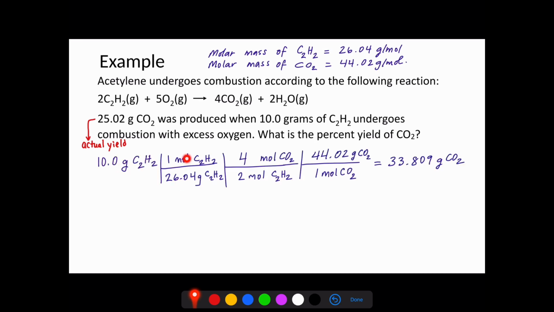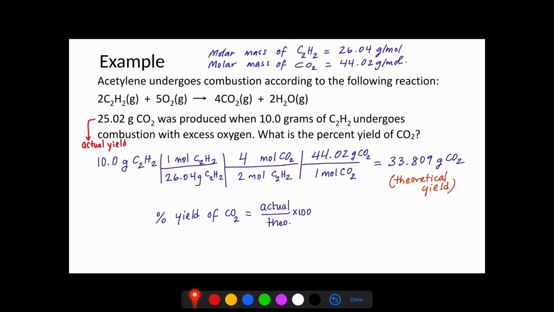Grams to moles, moles of one substance to moles of another substance using the molar ratio, 2 to 4. And then once you have moles of CO2, we calculated grams of CO2 using the molar mass. Now this number is how much CO2 you should have got if you used that much C2H2. Okay, so we're going to call that theoretical yield because it's predicted from a calculation.